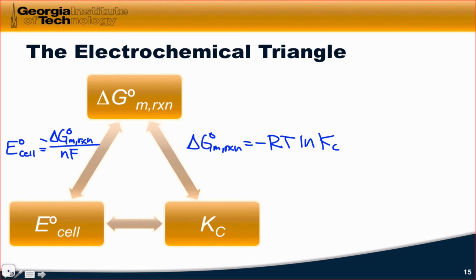But now we can combine these two relations and substitute in this negative RT natural log of Kc for the delta G of reaction in the numerator of this Ecell expression to relate Ecell to the equilibrium constant Kc. Doing that, we get that the standard cell voltage is equal to positive now RT divided by NF natural log of Kc. This is a form of the standard cell voltage that we're going to see later in discussions of the Nernst equation.